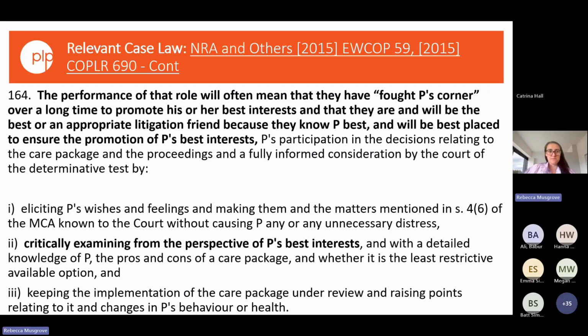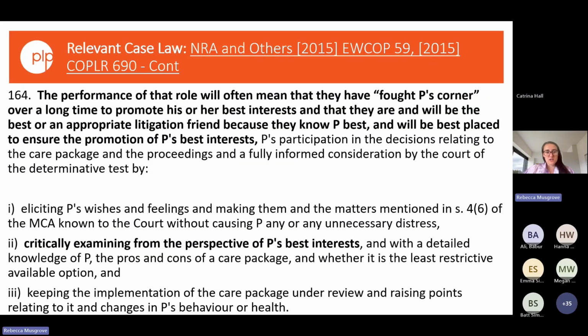Very helpfully in this case, at paragraph 164, he sets out a series of things which are in the PowerPoint slides that we need to look at. So he talks about P's participation in the decisions relating to the care package and proceedings, and a fully informed consideration by the court of a determinative test by eliciting P's wishes and feelings, critically examining from the perspective of P's best interests with a detailed knowledge of the pros and cons, what's least restrictive, what the available options are, keeping the implementation of the care package under review, and raising points relating to it.